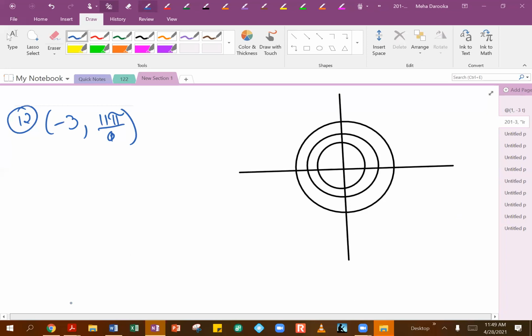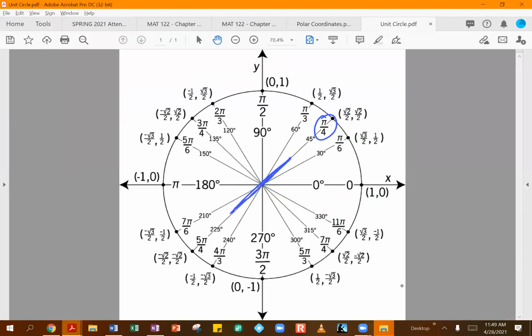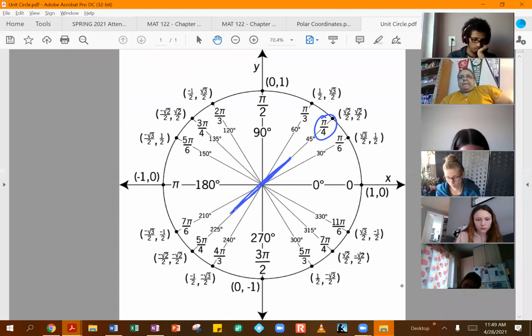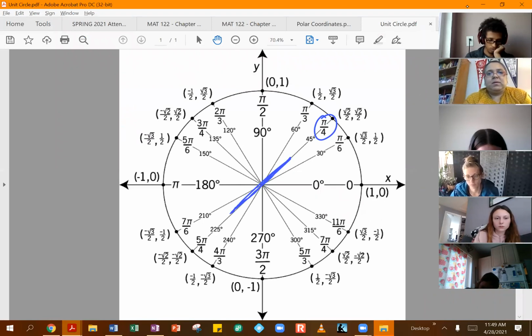Okay, something like this. So 11 pi over 6, where do you think that angle falls on our unit circle? And how will we do the -3 part?